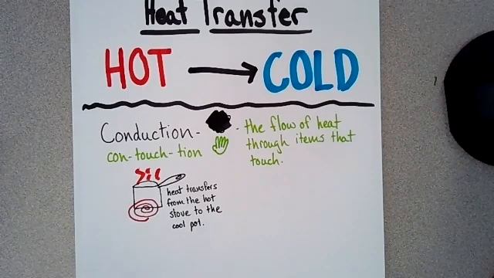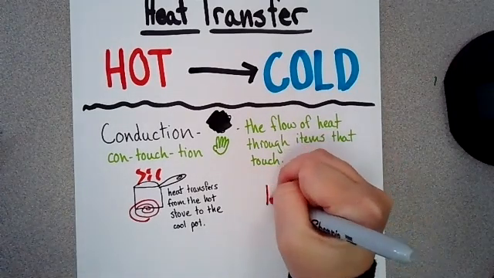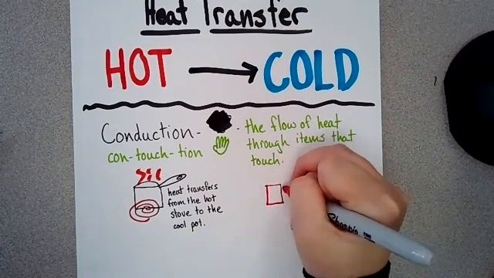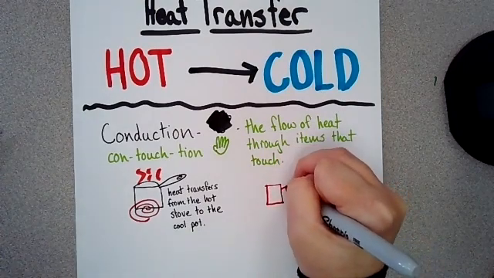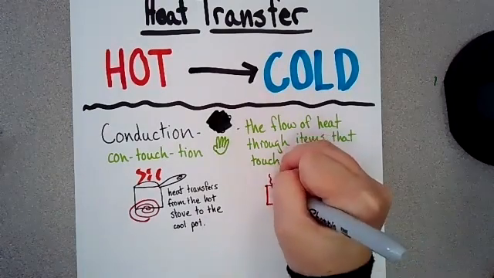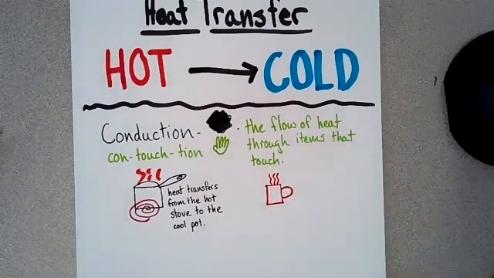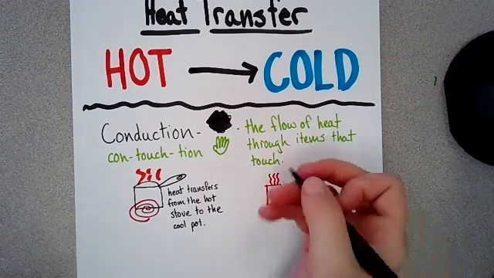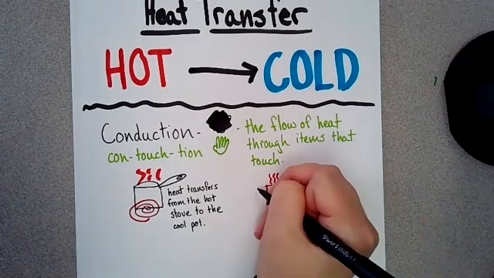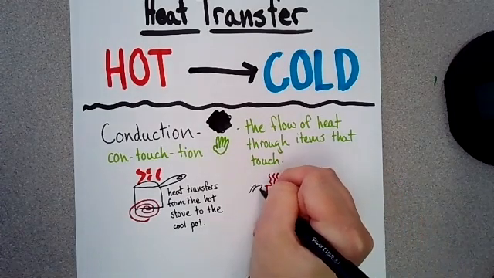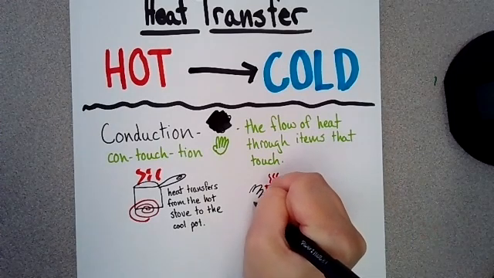Let's do another one. Let's say you've got a mug of coffee or hot chocolate or whatever you like. Here's your little handle on it, and we're going to show that it's hot. Then here comes your little hand, and you wrap your hand around it. I'm going to try to do a better job of drawing a hand this time. Not much better.